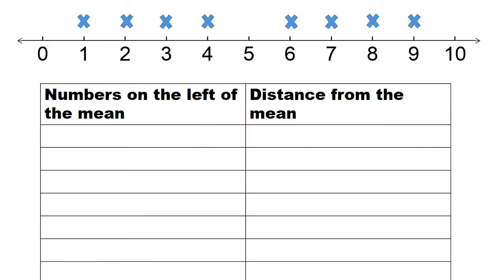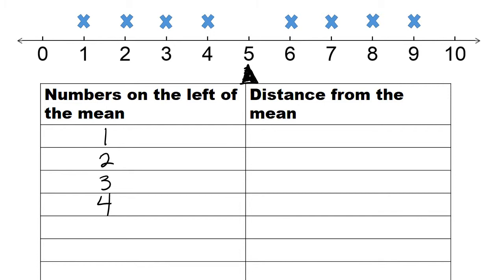Now we're going to take a look at the numbers on the left of the mean. Remember that 5 is our balance point. We've got a little triangle there. So let's write the numbers to the left of the mean. Those numbers are 1, 2, 3, and 4, and the distance they are away from the mean.